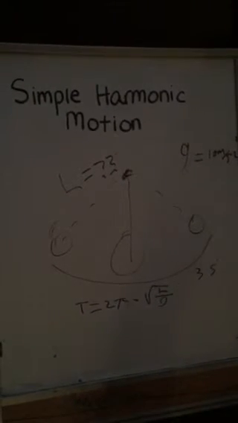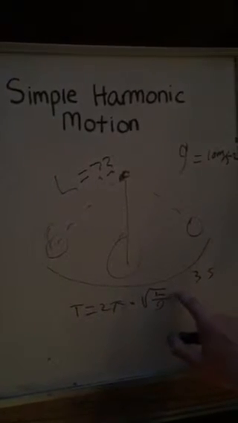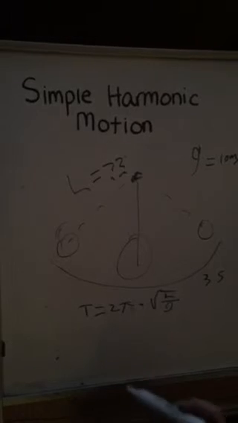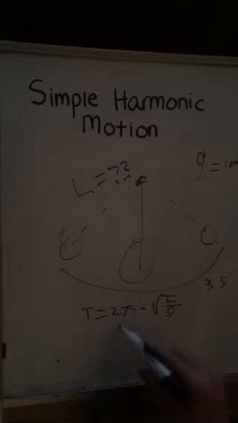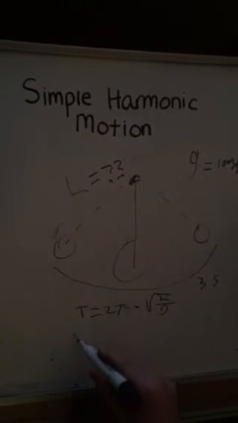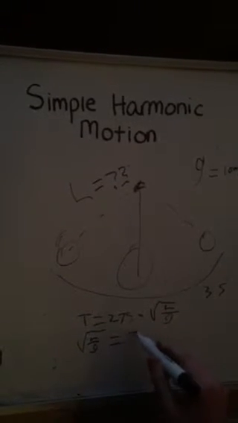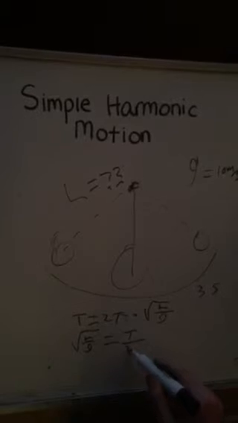What we want to do is isolate the length. So to do that, we would divide both sides by 2 pi. We'd get the square root of L over G equals T over 2 pi.